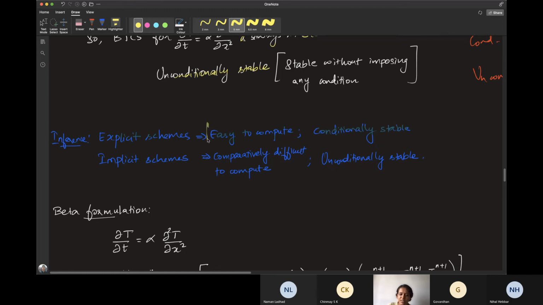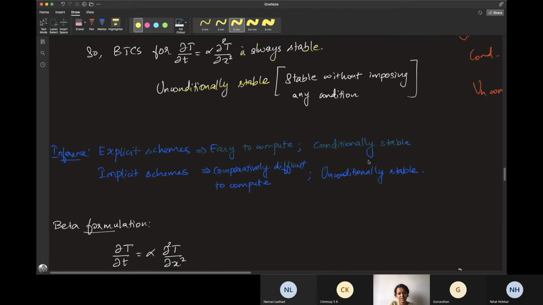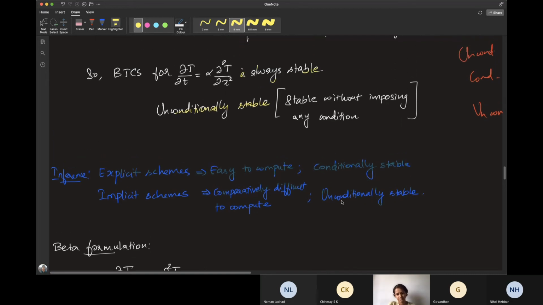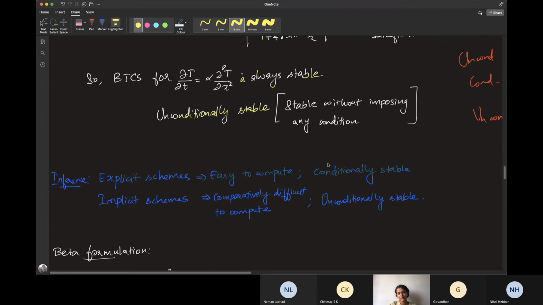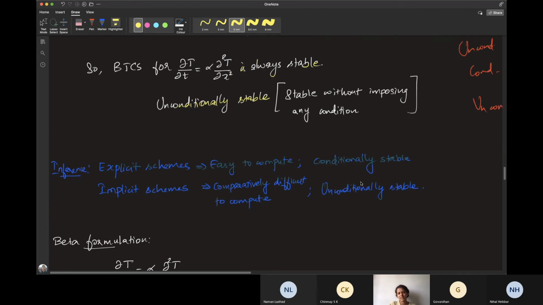So the explicit scheme is easy to compute and conditionally stable, whereas implicit schemes are comparatively difficult to compute. You require matrix computations, and it's always stable. That is unconditionally stable. Most implicit schemes are unconditionally stable. So this is one trade-off between explicit and implicit schemes.